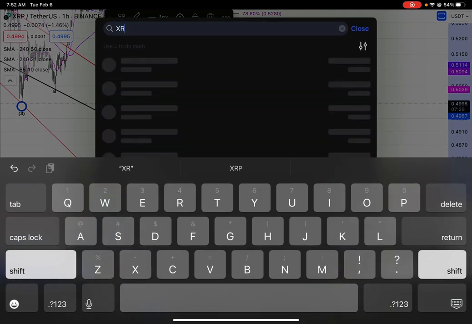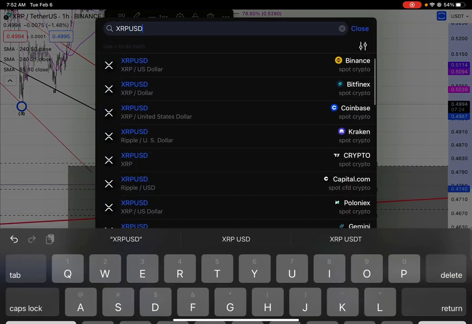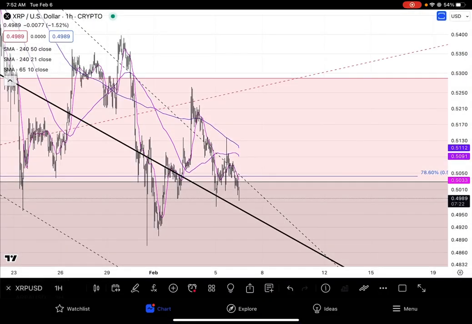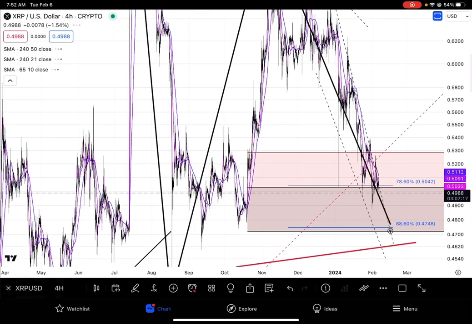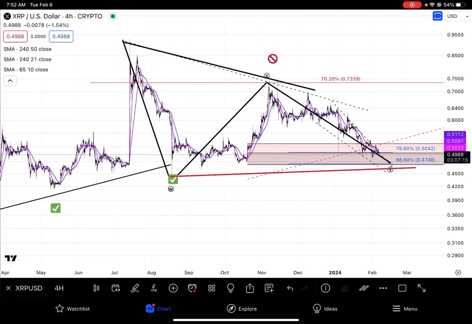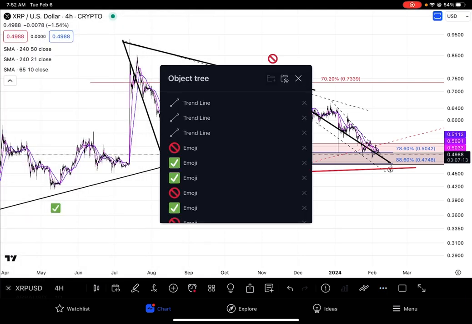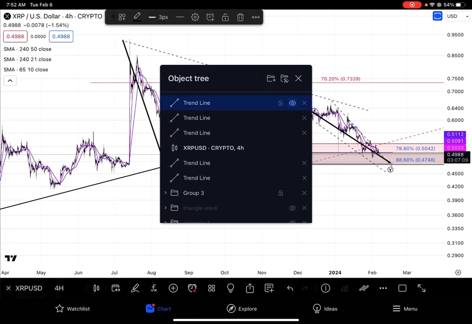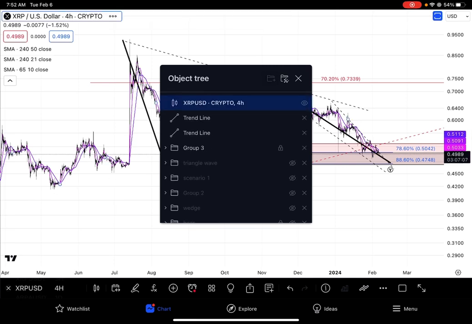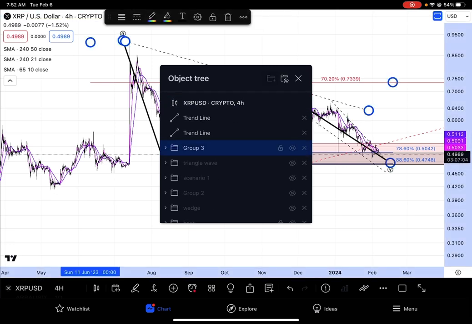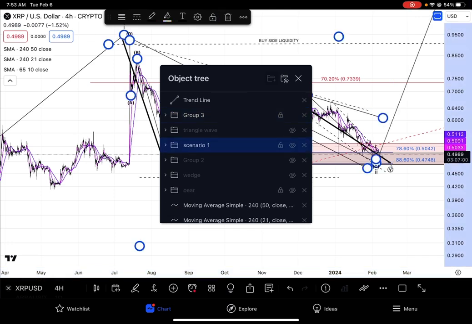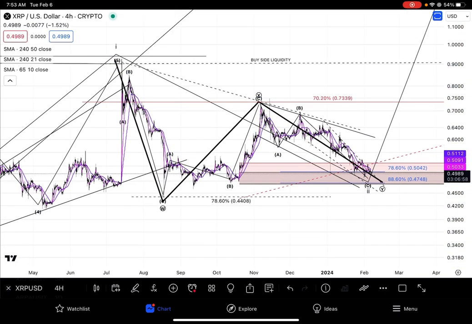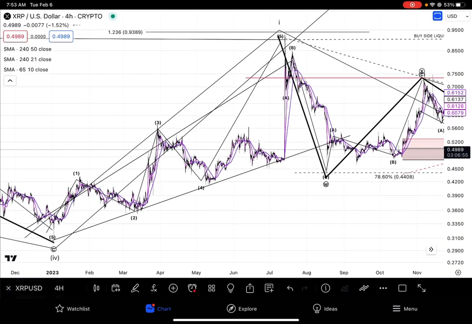Now, when we take a look at the historical chart over here, we see that once this correction comes to an end, it's go time for XRP, because when we zoom out over here, and let me just delete everything here. I want to show you my thoughts here on XRP.